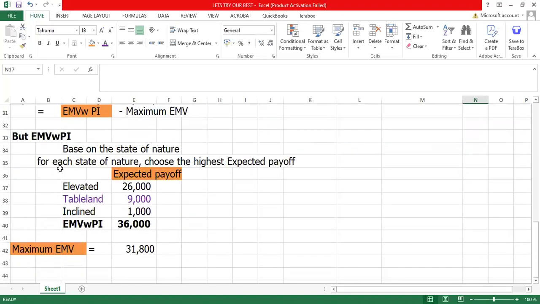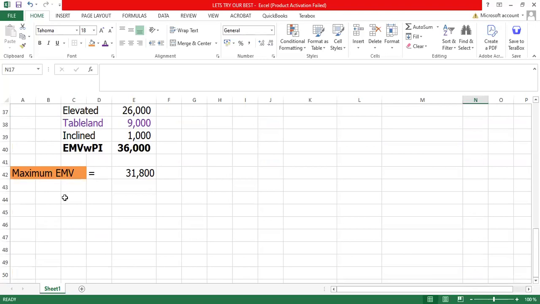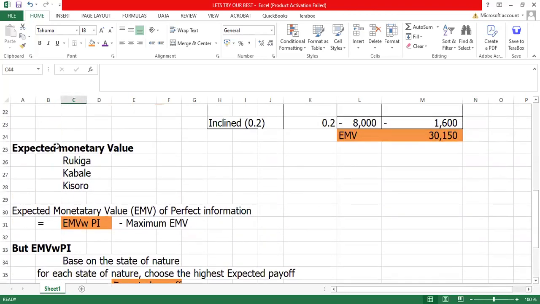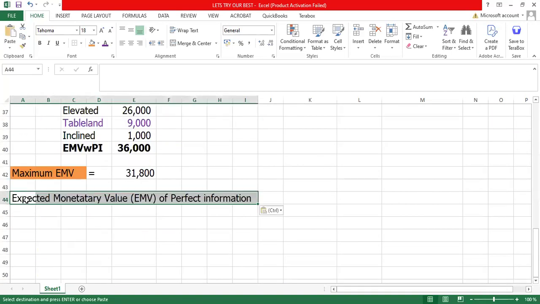So from your expected monetary values, with perfect information and the maximum expected monetary value, you can get the expected value of perfect information.